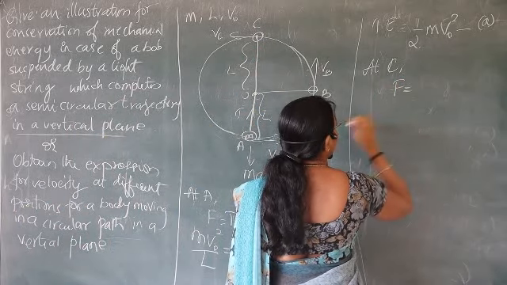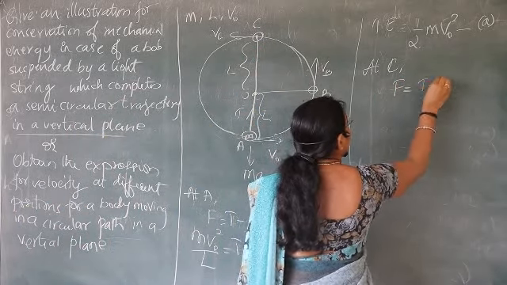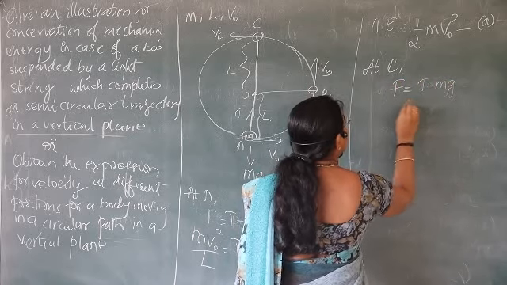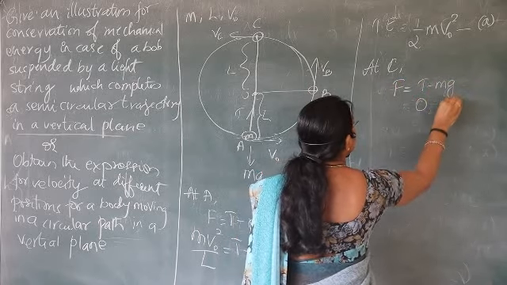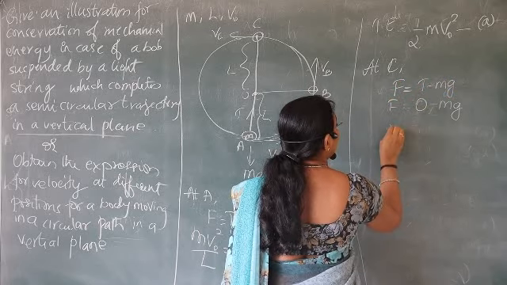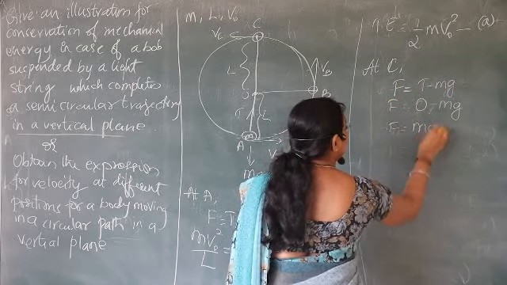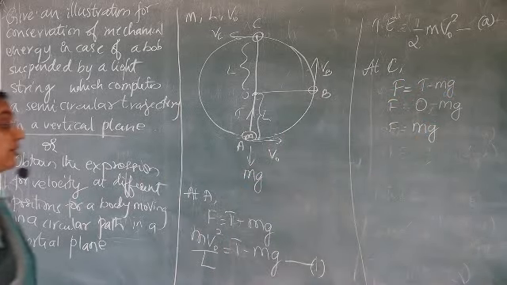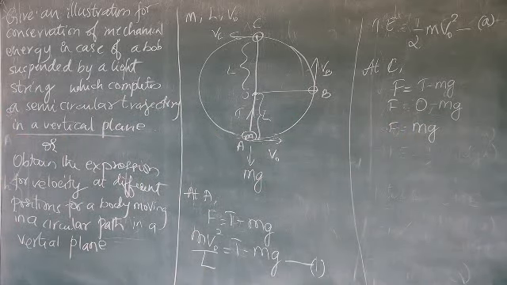So I can write F is equal to T minus mg, but at that point T is equal to 0, so F is equal to mg. At the point C, the only force acting on the body is due to the weight. So F is equal to mg at the point C.